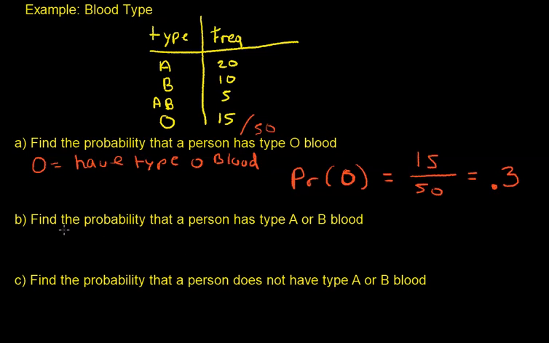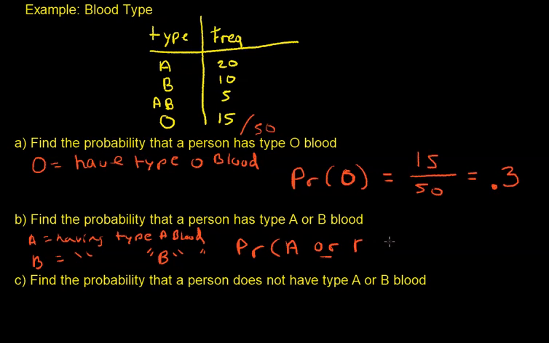Find the probability that the person has type A or type B blood. So A is having type A blood, and B is having type B blood. Right now we're trying to calculate the probability of A or B. How many A's do we have?